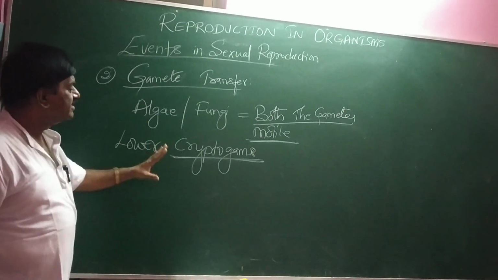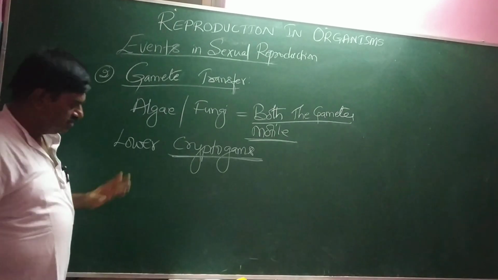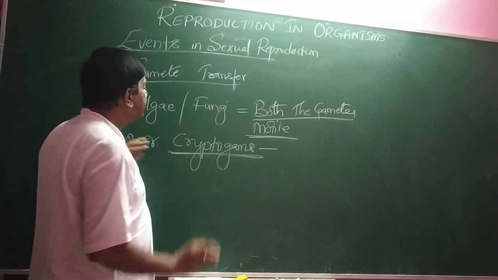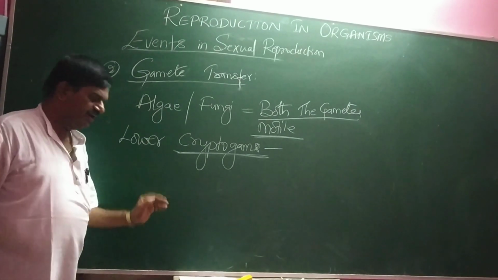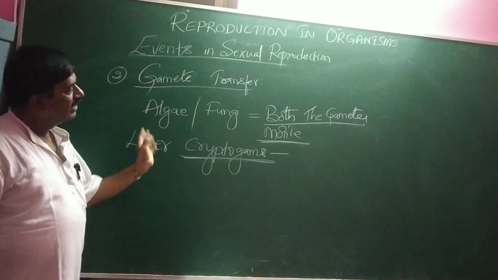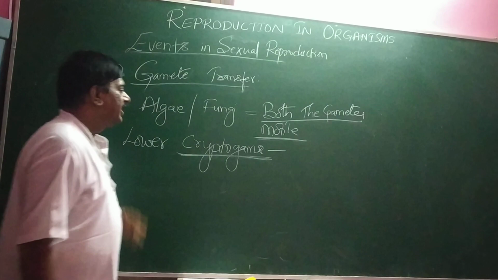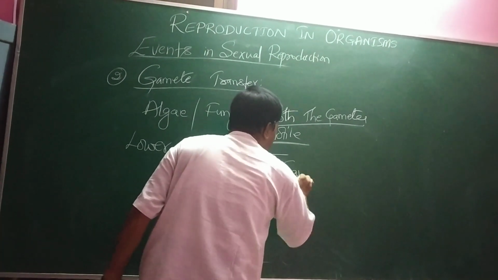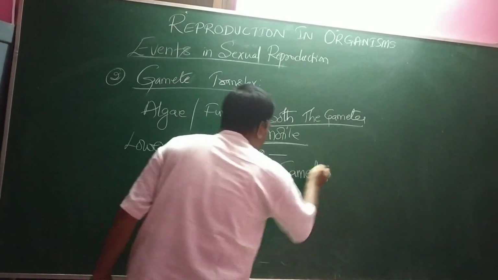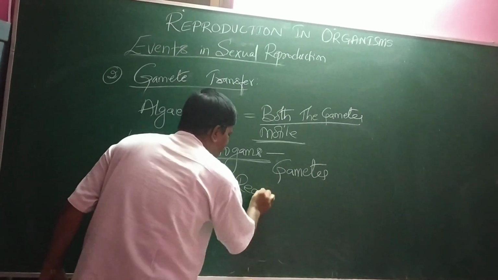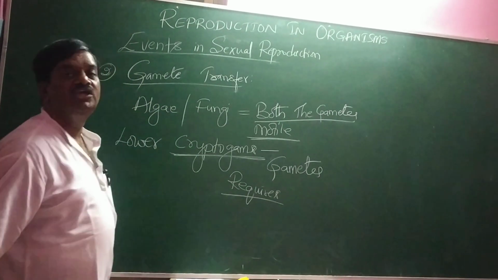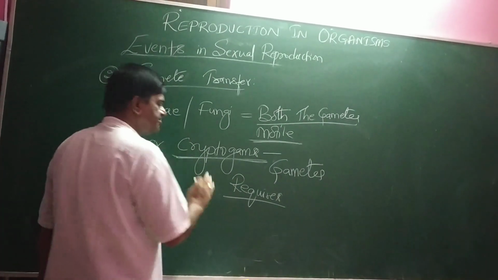Now, in these cryptogams, we see that the male gamete is smaller and the female gamete is bigger, and the gametes require an agent for movement.